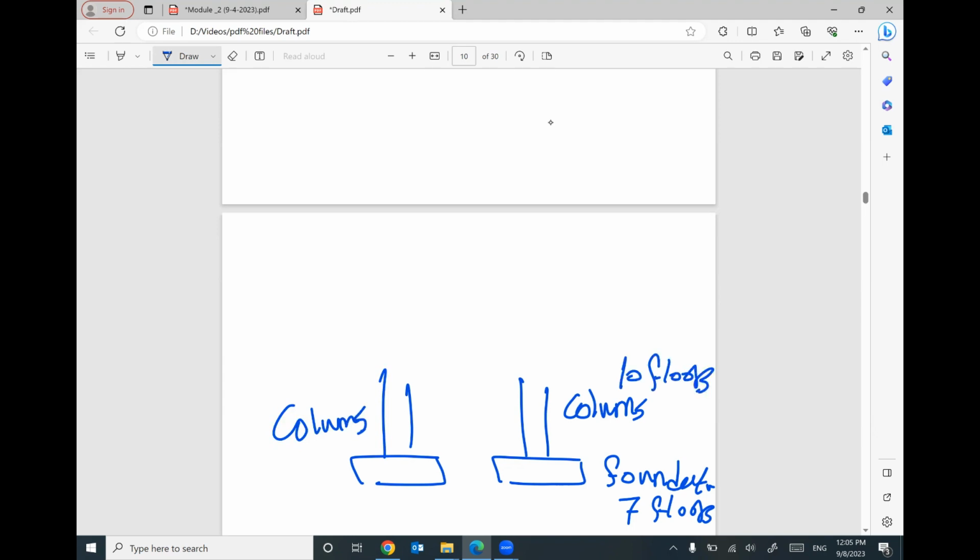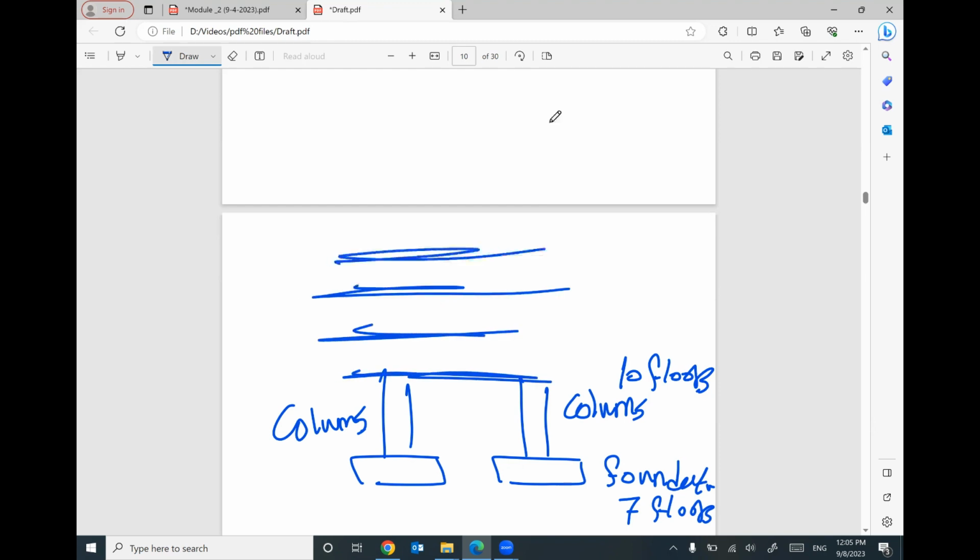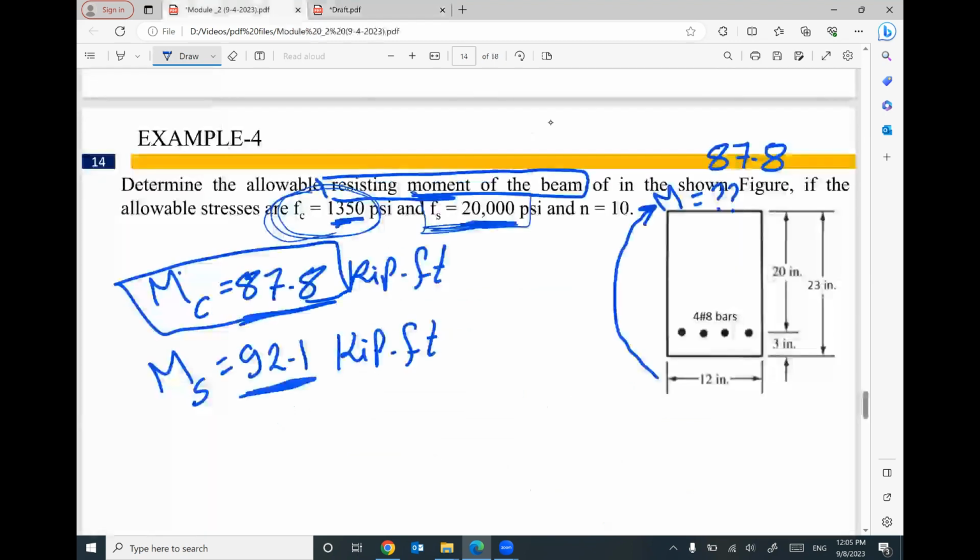Anybody in this room can tell me what will be the final number of floors you can build? 7. Thank you. Because if you build 10, your column is still good, but your foundation will fail. If you build 7, your foundation is good, and your column will be more safe. Does that make sense? So this is the point here.